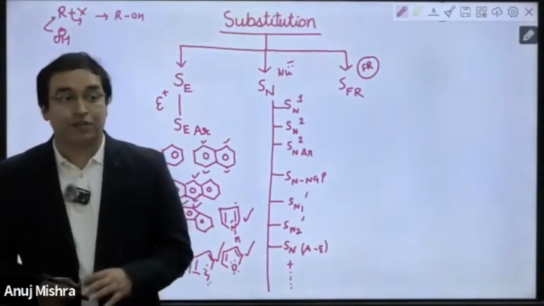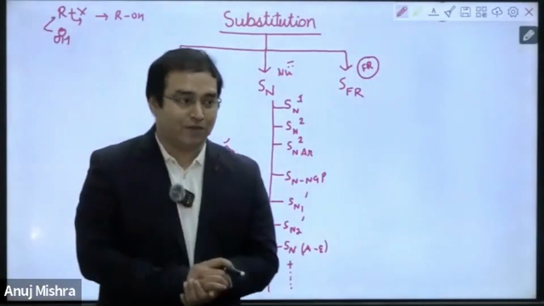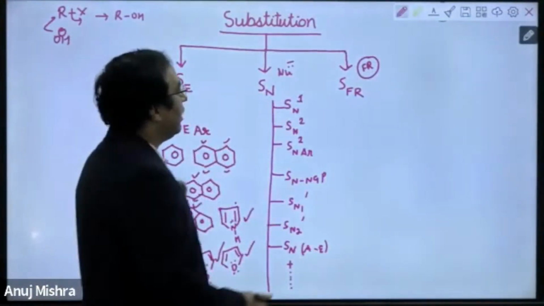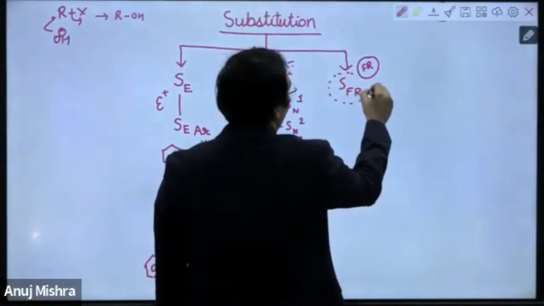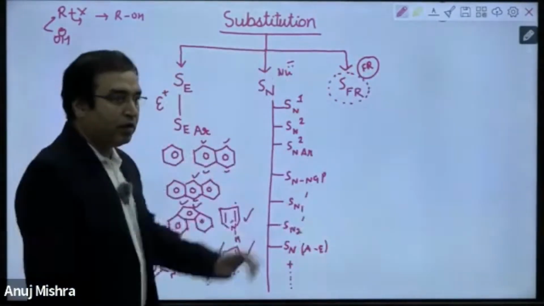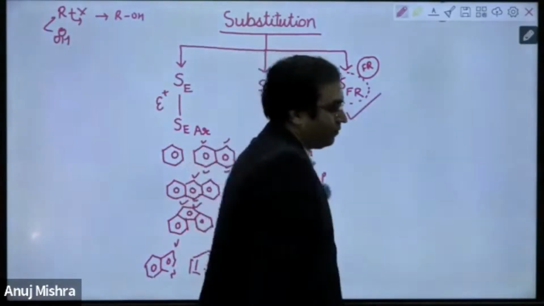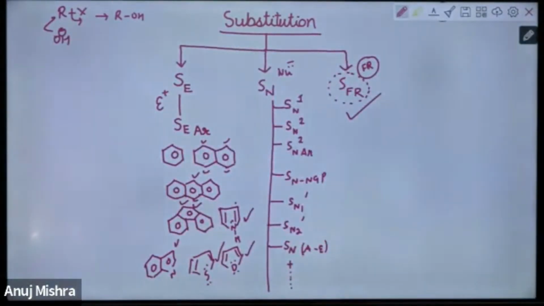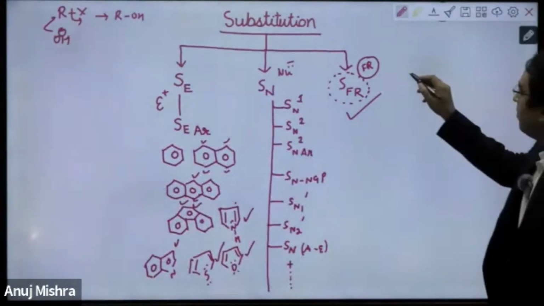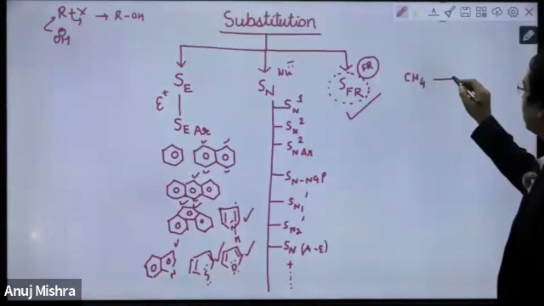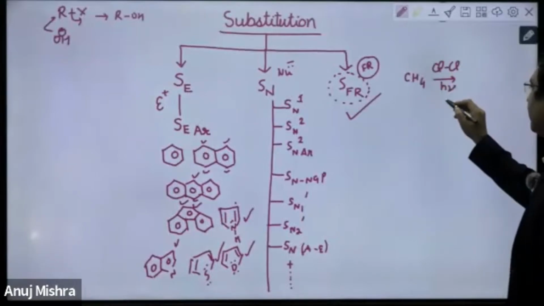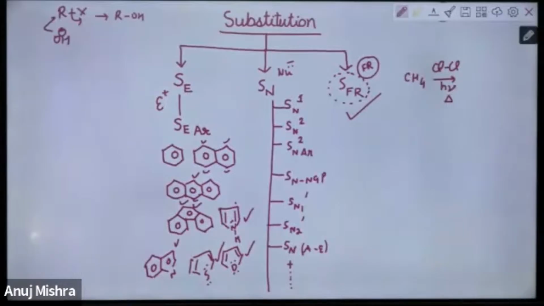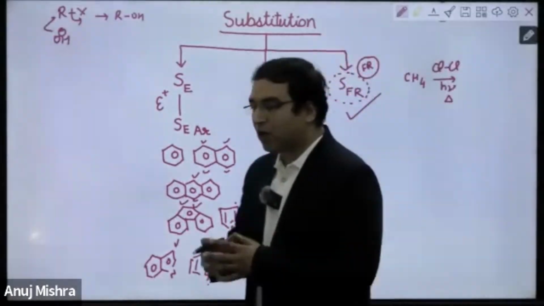Now coming to SFR, which is completely in 11th standard and very important for it. This is substitution free radical, which we have to discuss now. So now you understand where we are and what we are doing. The reaction of methane with chlorine in the presence of sunlight or heat is a very vigorous, very quick, unstoppable reaction, and it will stop only at the end.